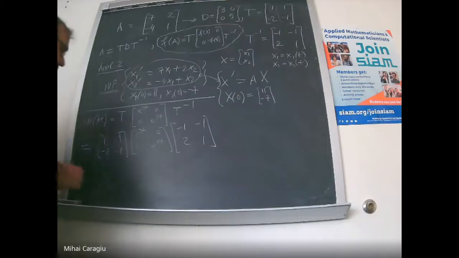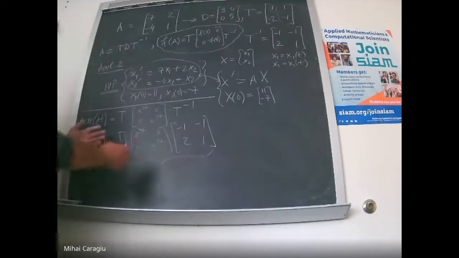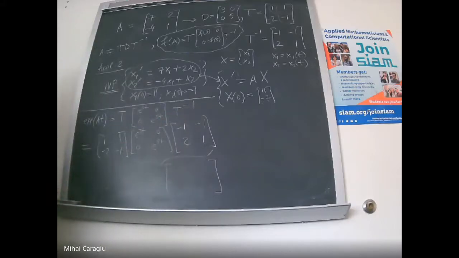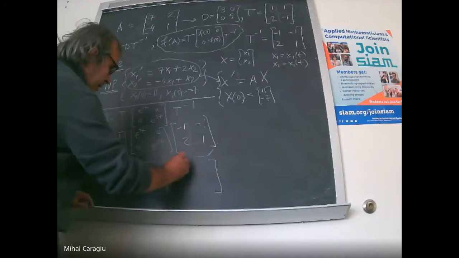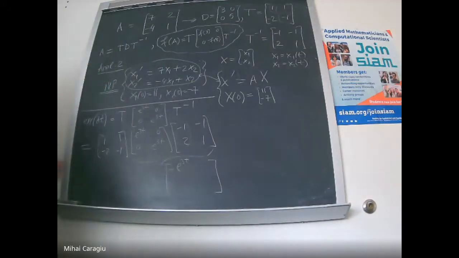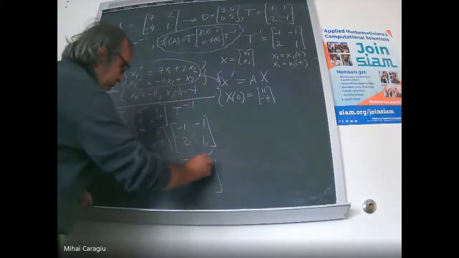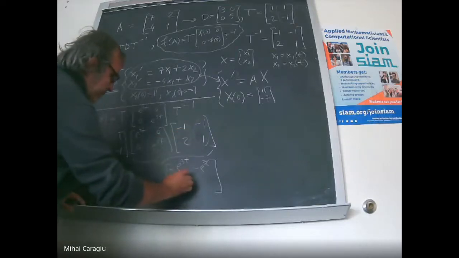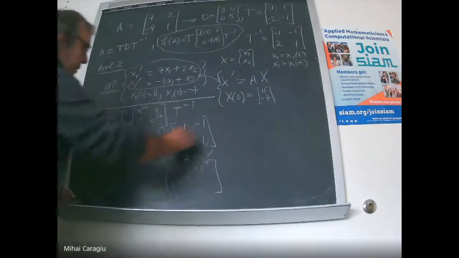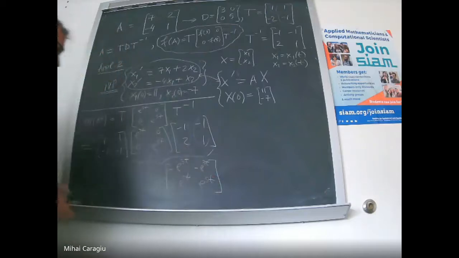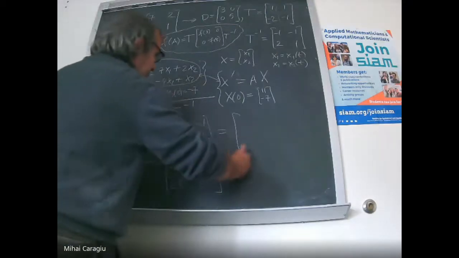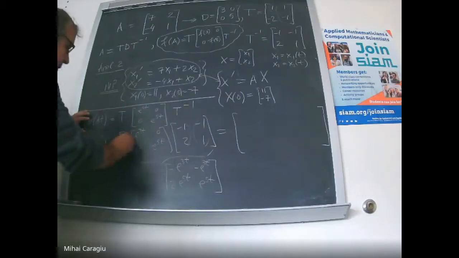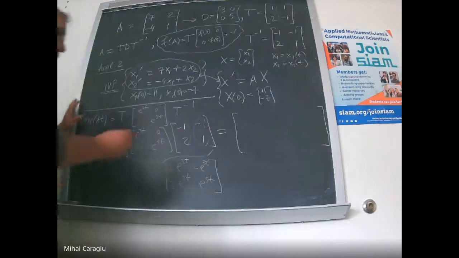Okay, so let's see what it is. Let's do the product of these two. First, we get minus e to the power 3t, first, second, minus e to the power 3t, second, first, 2 times e to the power 5t, second, e to the power 5t. Now we have to multiply these two. Let's enter the result here. First, first, 2 e to the power 5t minus e to the power 3t.